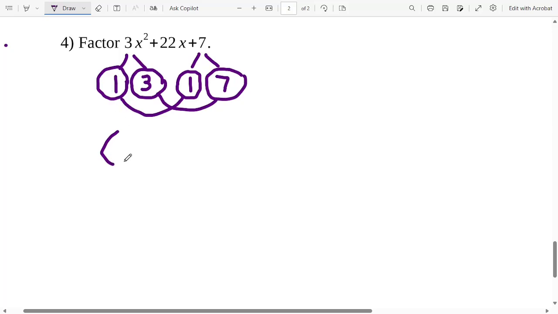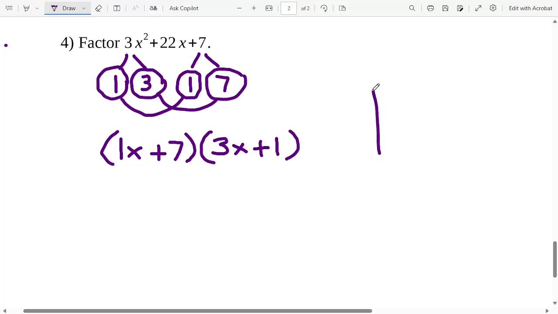Okay, so I'm going to use these as coefficients in front of x. So we've got 1x and 3x. Okay, if I do 3x times 7, I've got to put the plus 7 here. And I want to do 1x times 1, so I've got to put the plus 1 here.